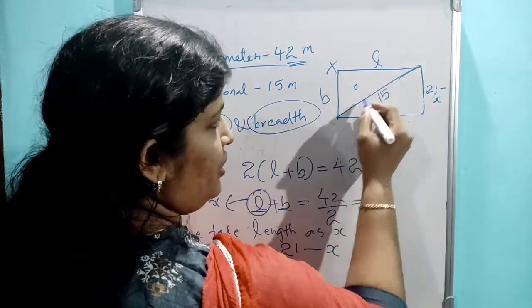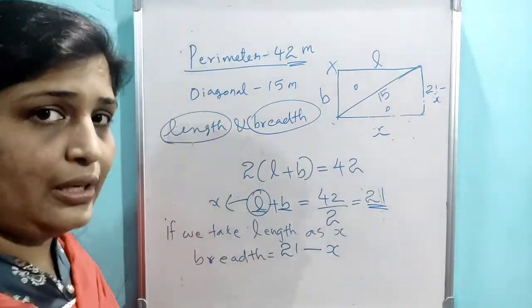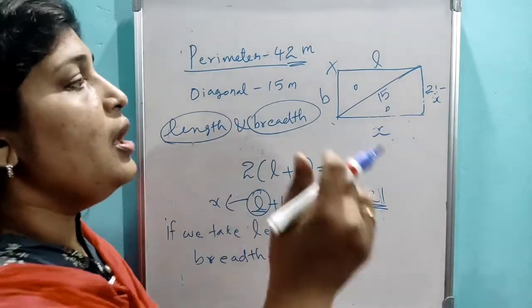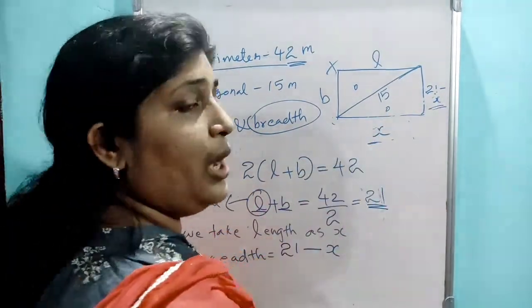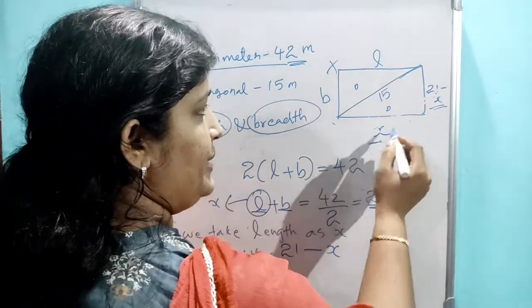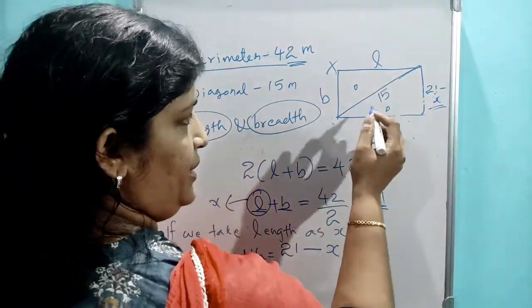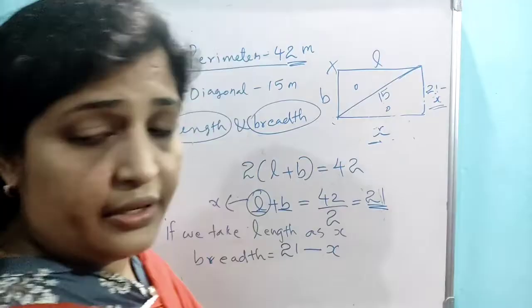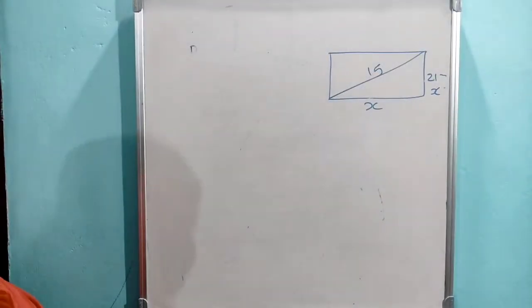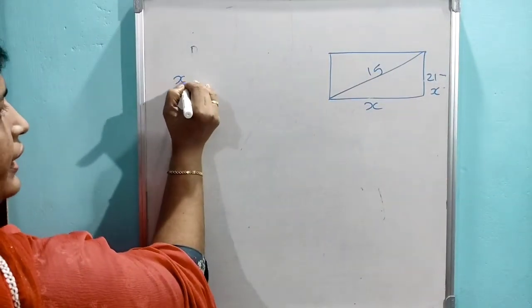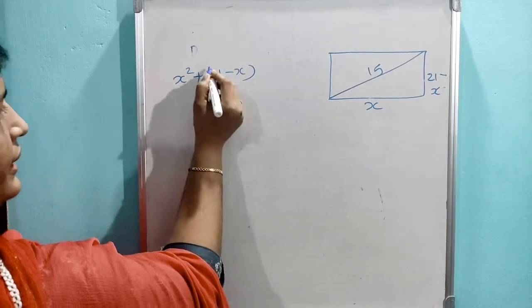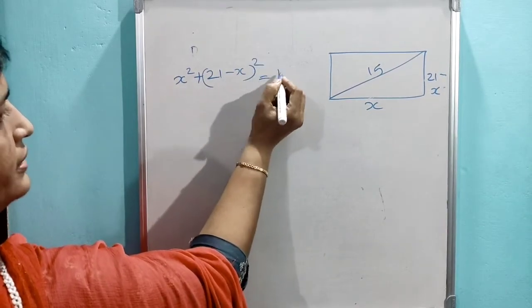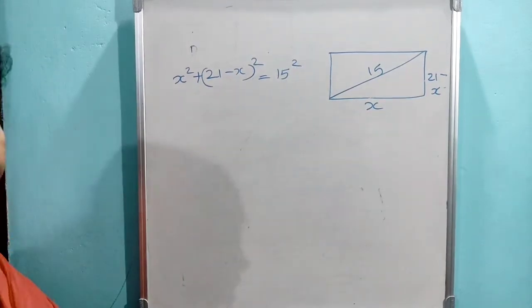So we can make use of the Pythagoras theorem: base square plus altitude square is equal to hypotenuse square. Here base is x, altitude is 21 minus x and hypotenuse is 15. So we have x square plus (21 minus x) the whole square is equal to 15 square.